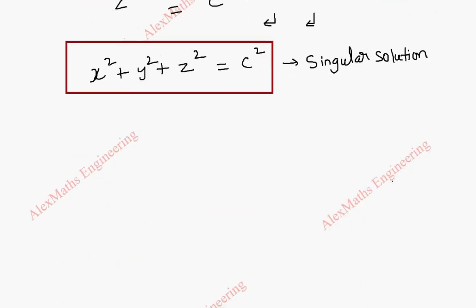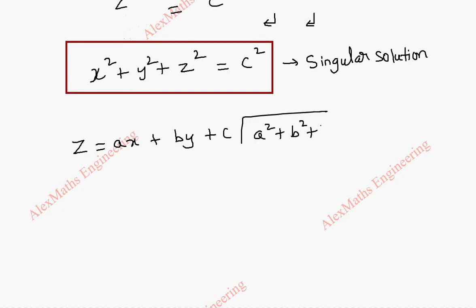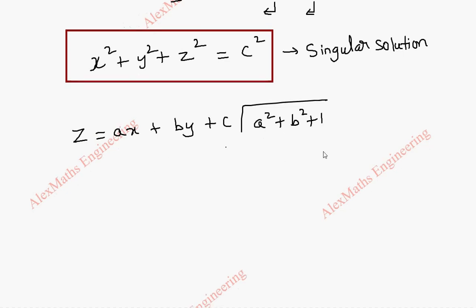Now to get the general solution, we have z as ax plus by plus c root a square plus b square plus 1. In this, let's replace b as a function of a.